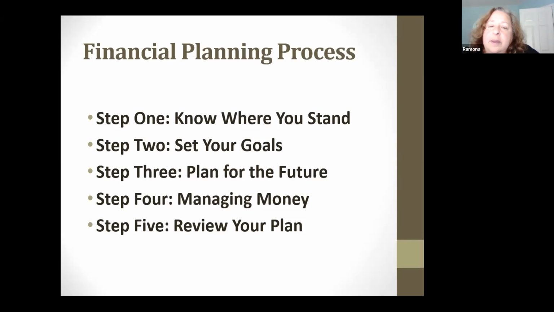So step 4 is mostly about accessing money, managing money so that we can reach our short-term goals, but those short-term goals then will lead us towards our long-term goals.